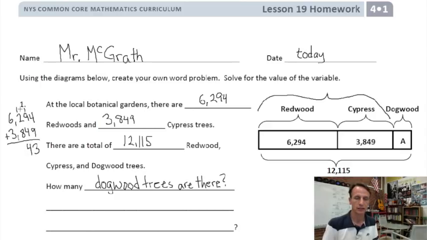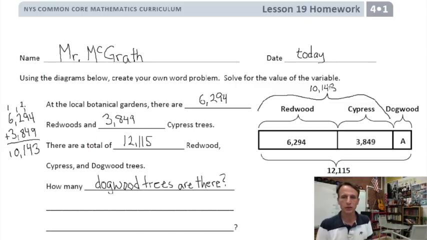Good. 8 and 2 make 10, and 1 more then is 11. Group the 1. And here's another make 10 fact. I can look at it as 7 and 3 make 10. Excellent. Drop that comma. So I'm going to write that over here. That's redwood and cypress, 10,143. If I subtract that from the grand total, I'll get dogwood.